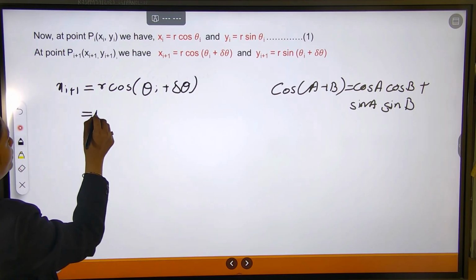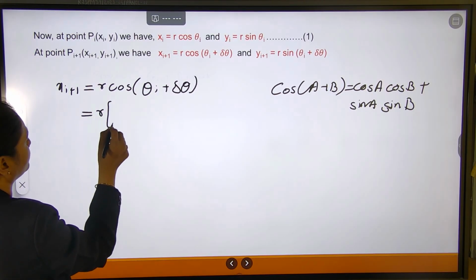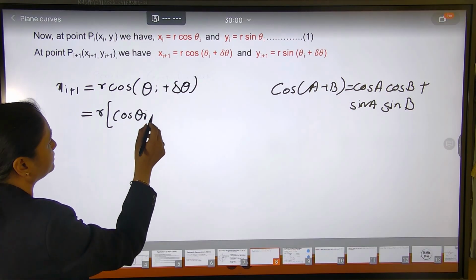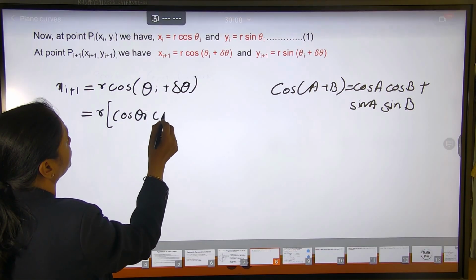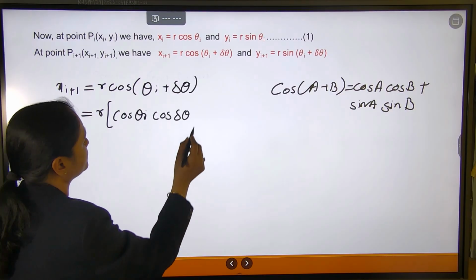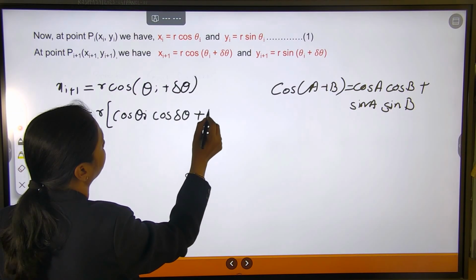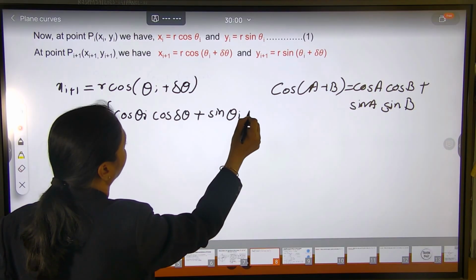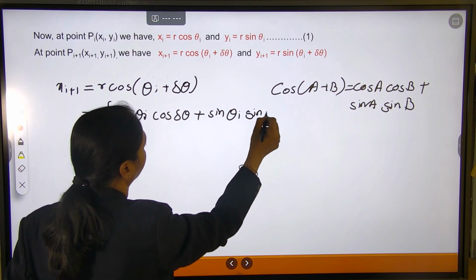So this is equal to r into cos theta I cos delta theta plus sin theta I sin delta theta.